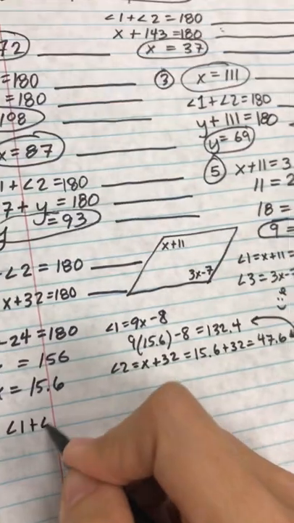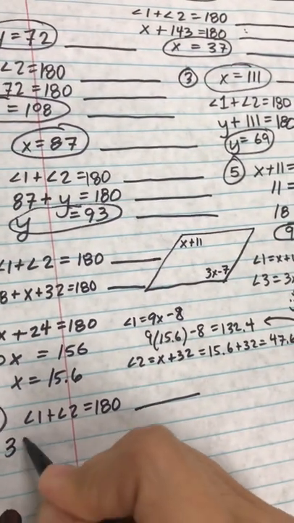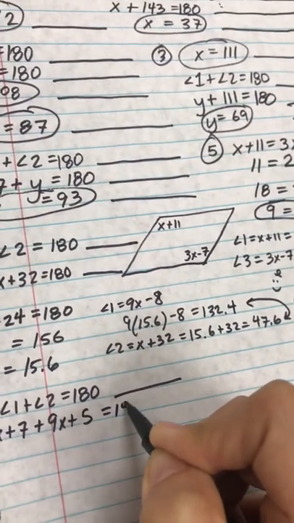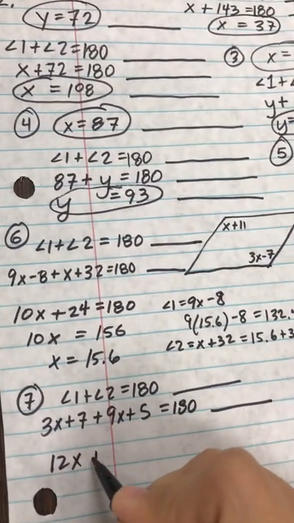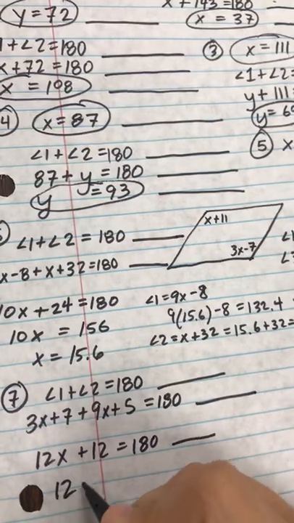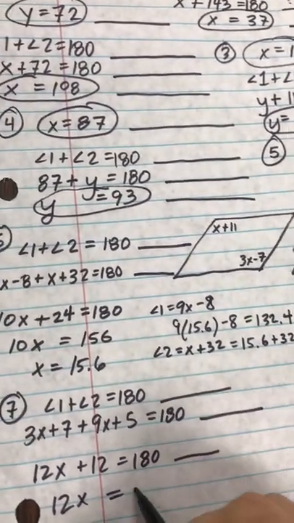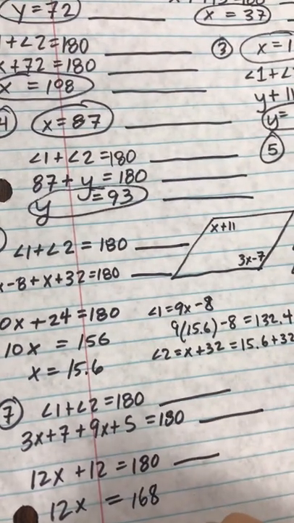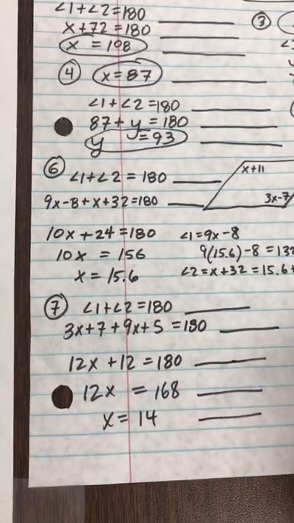So we got angle 1 and angle 2 has to add up to 180. 3x plus 7, 9x plus 5. Leave some space for our reasons.